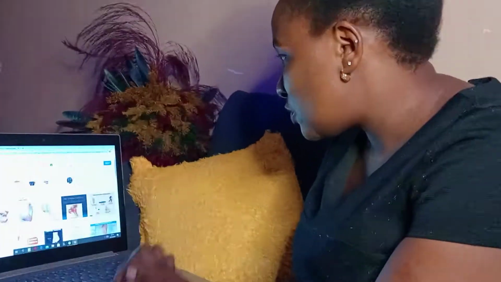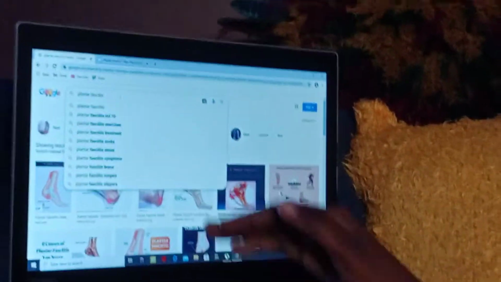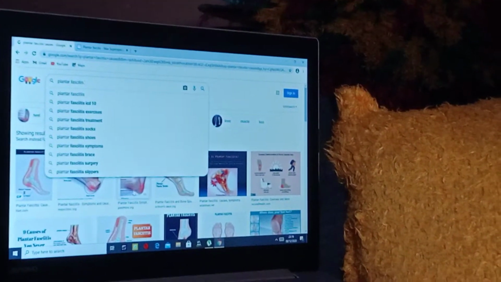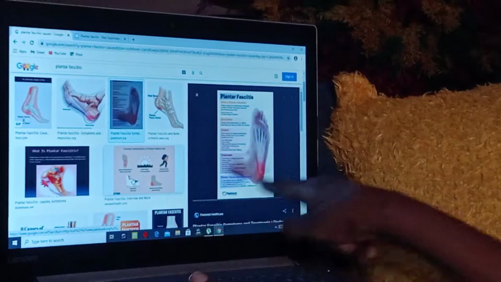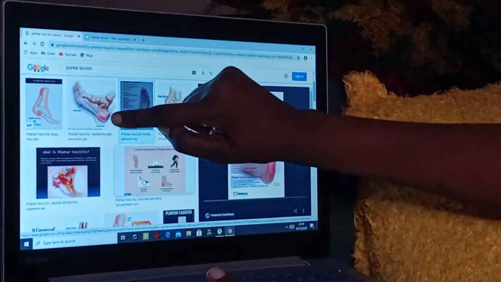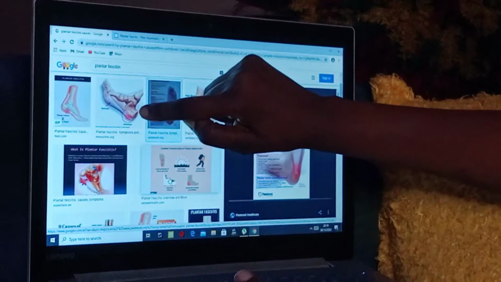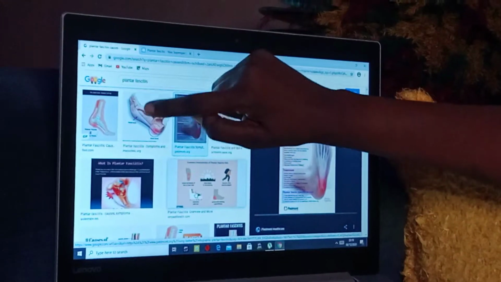So going straight to how we can manage plantar fasciitis. As you have seen, it is affecting our feet in general by causing an inflammation along the foot tendons, and there is inflammation at the heel point, right to the toe point.